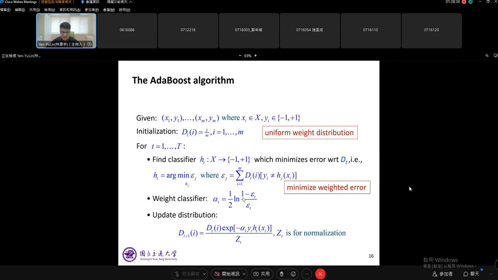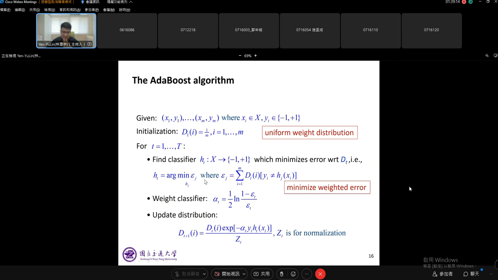As you can see, weighted error is between 0 and 1. A lower value of epsilon t indicates that we will have a high value of alpha t. It is intuitive: for a selected weak learner with a very low weighted error, we need to increase its importance, so its weight is larger.